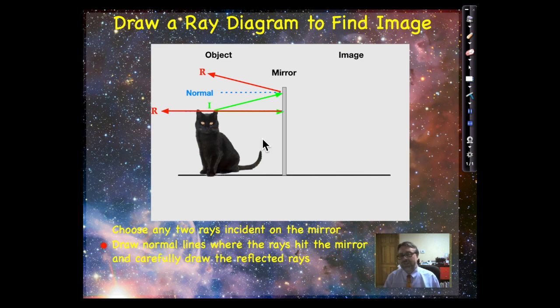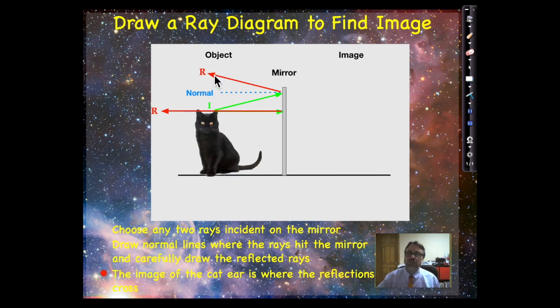Well, how does this tell me where the image of the cat is? Well, this light came from the cat ear. Where the image will be is where these two reflections cross. Now, the reflections don't cross on this side of the mirror.